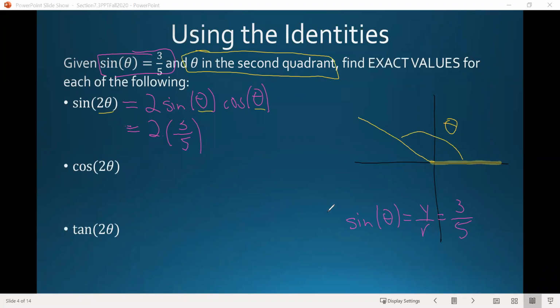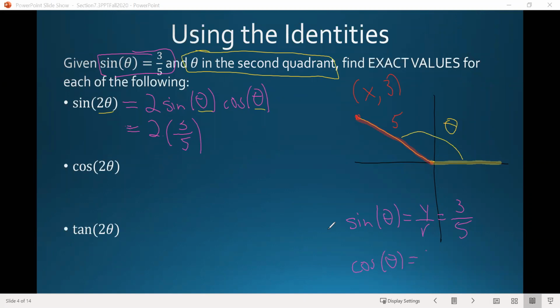So we know the coordinates of the point right here at the end of the angle is going to be some x value, comma 3, because that's our y value. We also know that the distance from the origin out to that point is 5. And we know that cosine is given by x over r.